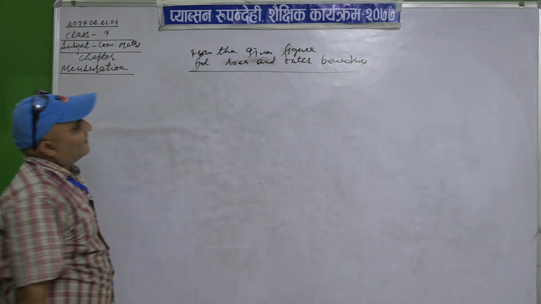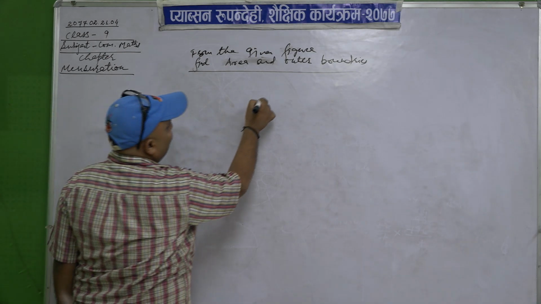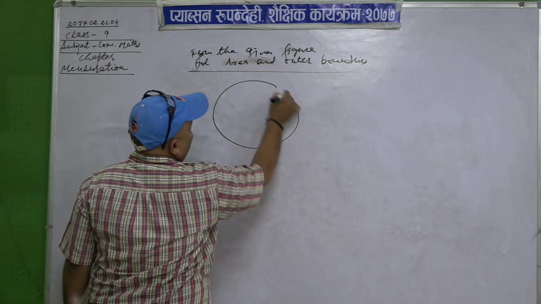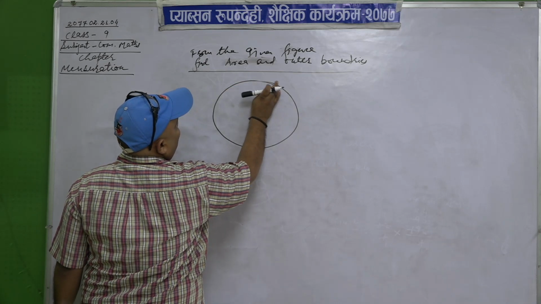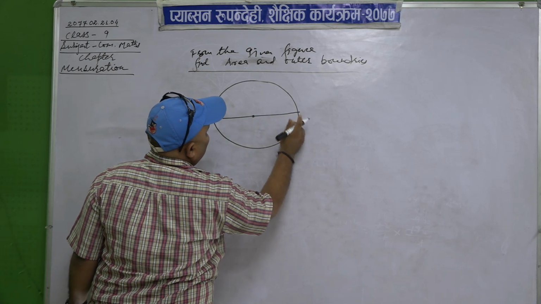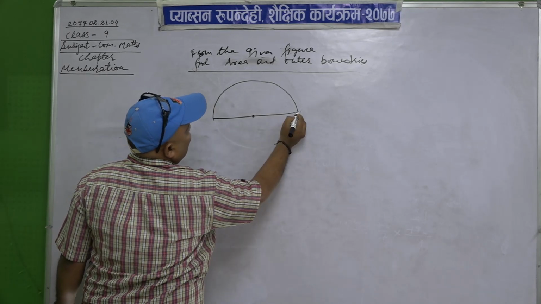From the given figure, find area and outer boundaries. And what is the figure? This is the figure.